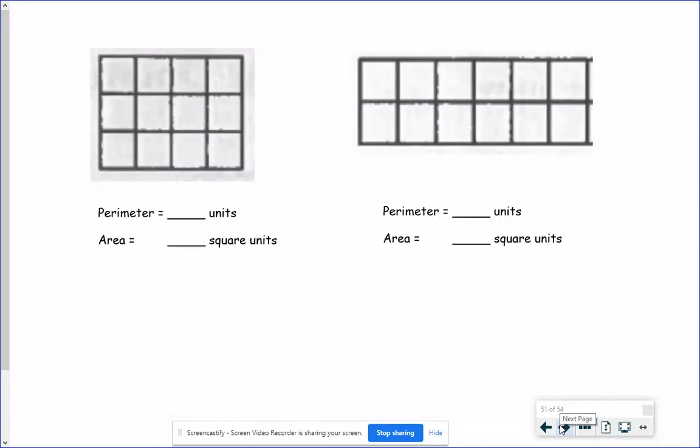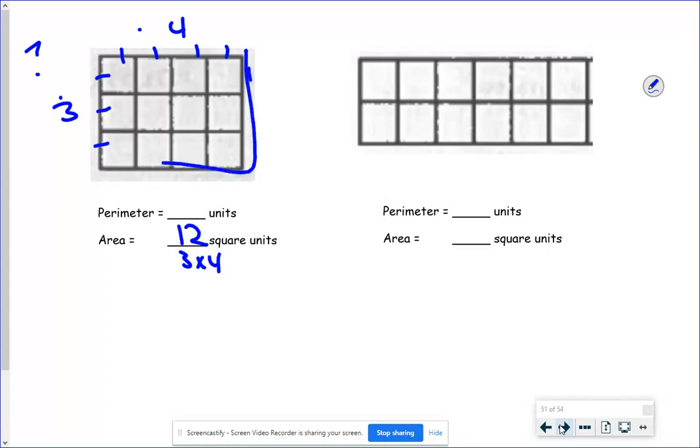If you want to pause the video and try this one yourself and compare the perimeter, since the areas are going to be the same. Did you get those for your numbers?